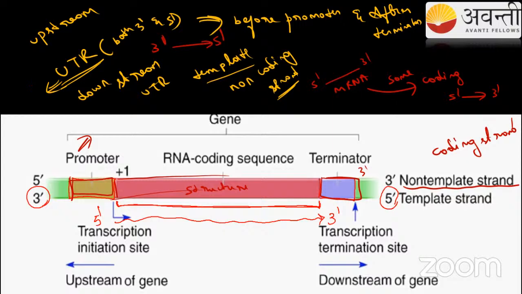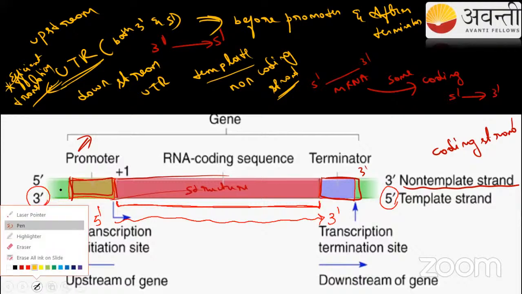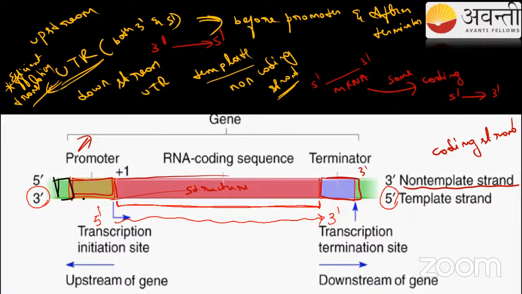It is required for efficient translation. Remember, guys, it is very, very important. See here, this is one UTR, present before the promoter in the 5' position. After the terminator, there is another UTR. So UTR is helpful in the efficient translation process.